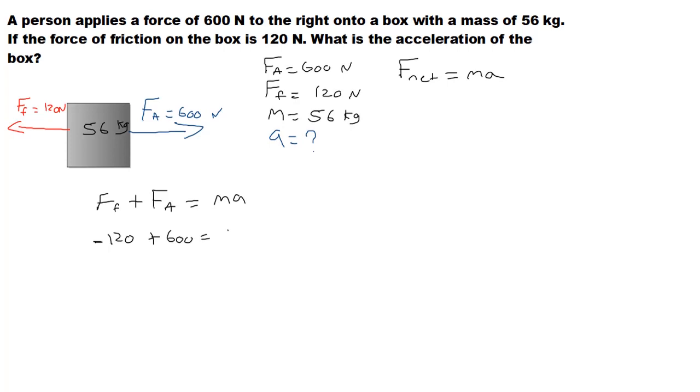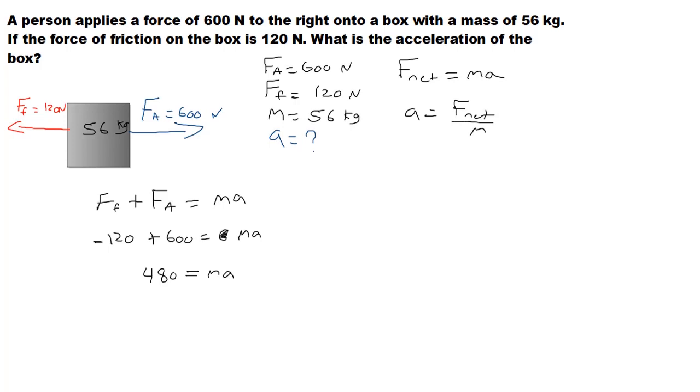Equals ma. We'll take ma for now. Well, negative 120 plus 600 is positive 480 equals ma. Well, by Newton's second law, if we rearrange this equation, we get a equals F net over m.